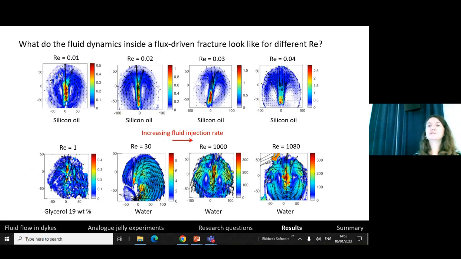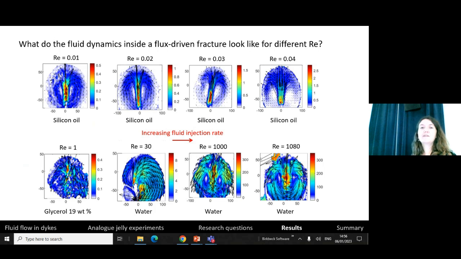So here's what the flow looks like for all of the experiments that we conducted. We have the silicon oil ones on the top, and the glycerol and water experiments on the bottom, with the Reynolds number shown at the top. The silicon oil ones are quite viscous and have very low Reynolds numbers, but we can see that in every single experiment, the fluid recirculates.